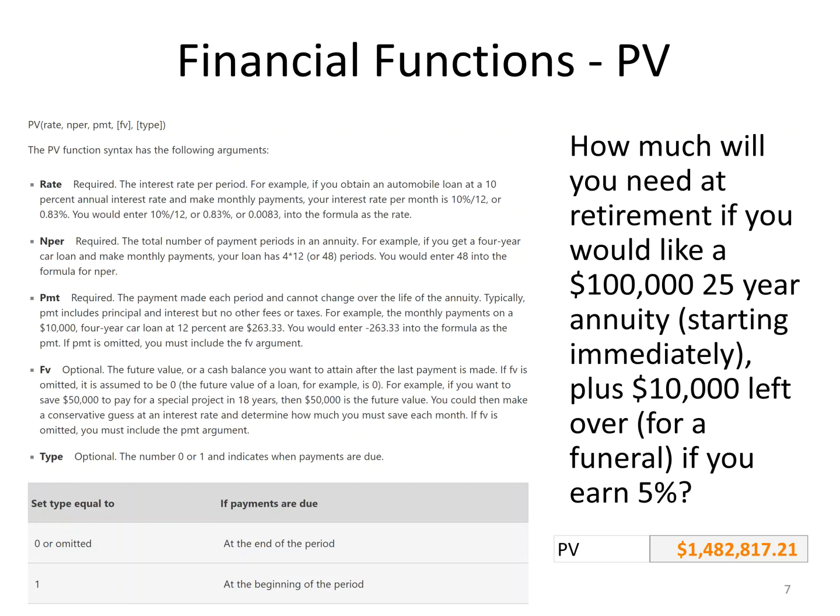So we're going to fast forward to your retirement age. You're forecasting you're going to live for another 25 years and you'd like $100,000 a year for those 25 years starting immediately, and at the end of the 25th year, I also want to hand over $10,000 for my funeral. How much money will I need in present value terms at retirement?